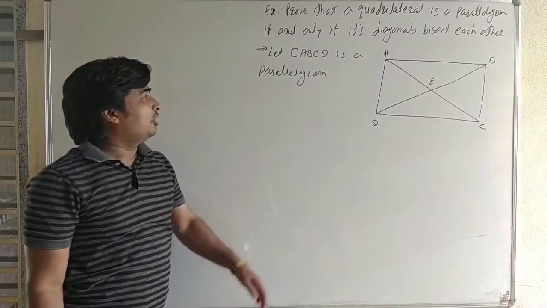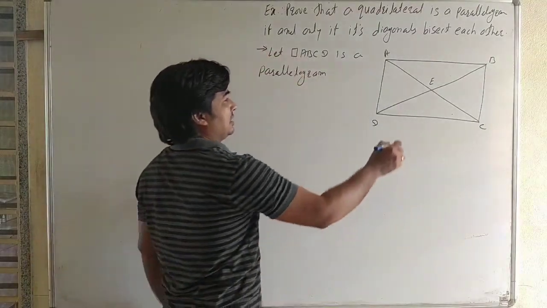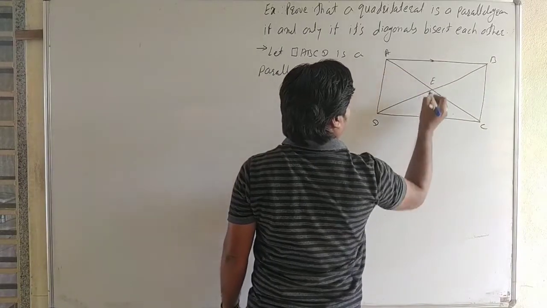Since the quadrilateral is a parallelogram, we know that the opposite sides are equal and parallel.